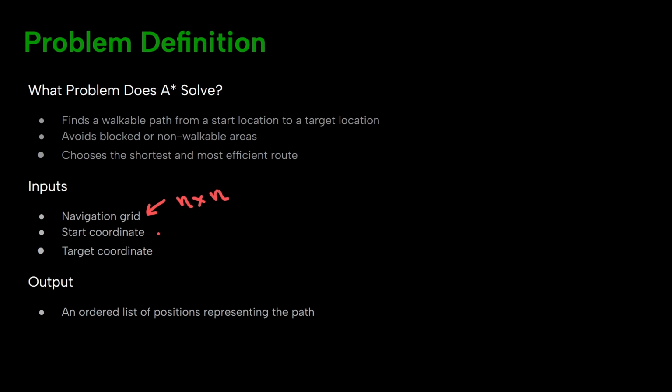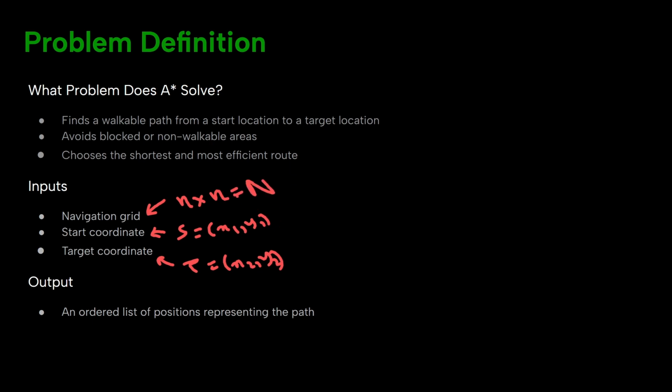The start coordinate is usually known as S, which is some x1, y1 location, and the target coordinate is again some x2, y2 location. Both of them are within the navigation grid.